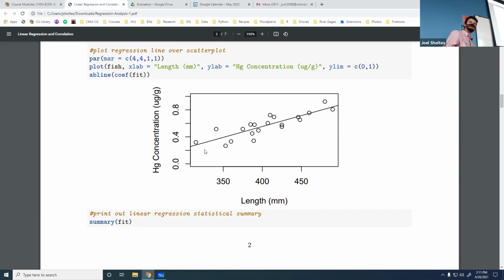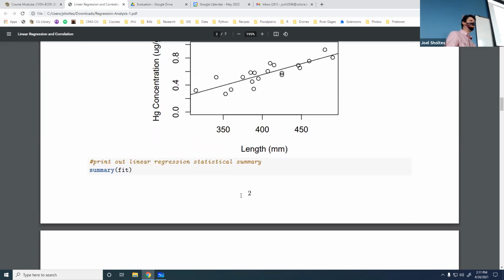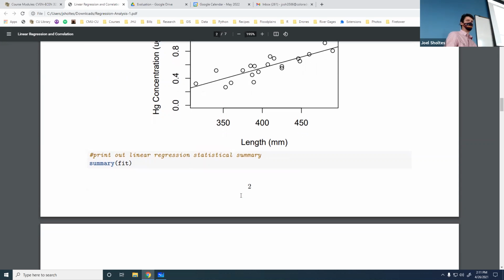But 70% of our ability to predict mercury concentrations is predicted by the length. There's some other scatter and noise out there. Maybe there's some other variables we could bring in to cover that variability, but length covers a lot of that. It does a 70% job of predicting y, basically.